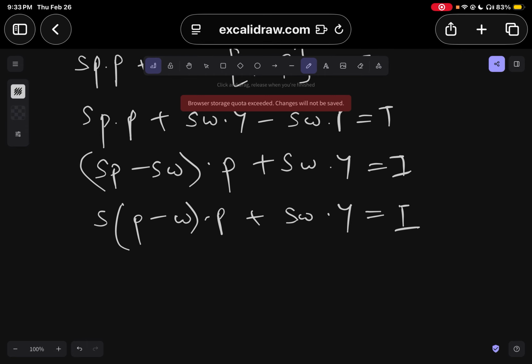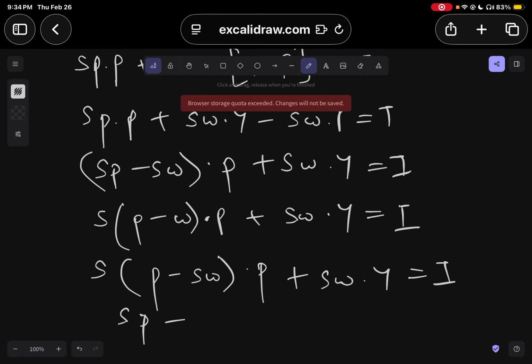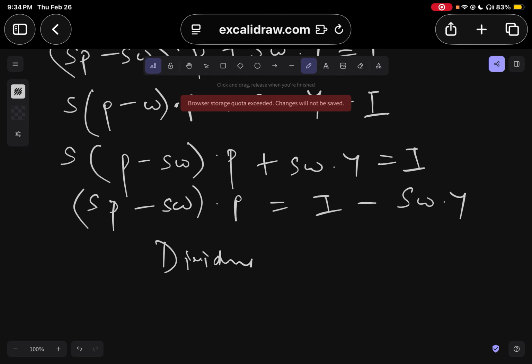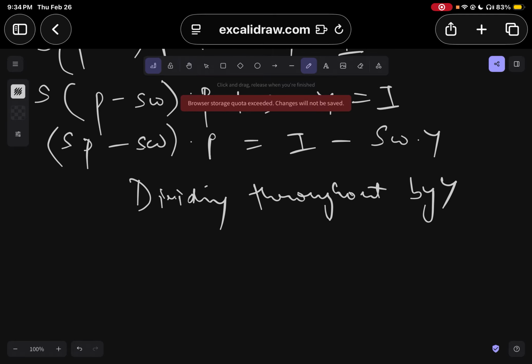So now it will be SP minus SW into P plus SW into Y is equal to I. SP minus SW into P is equal to I minus SW into Y. Dividing throughout by Y, we will get SP minus SW into P by Y is equal to I by Y minus SW.